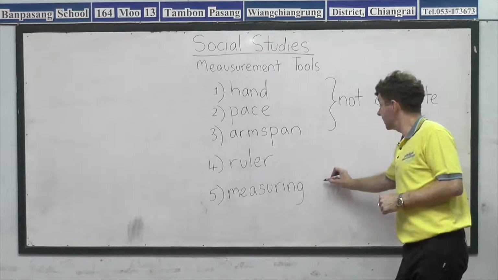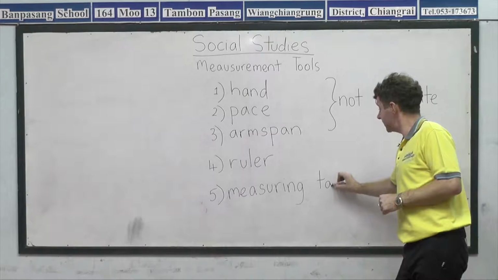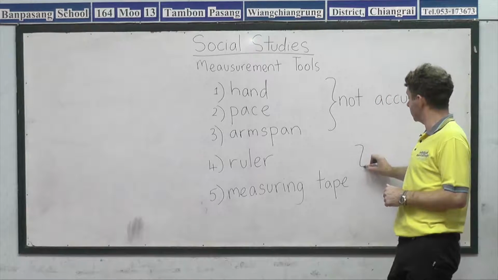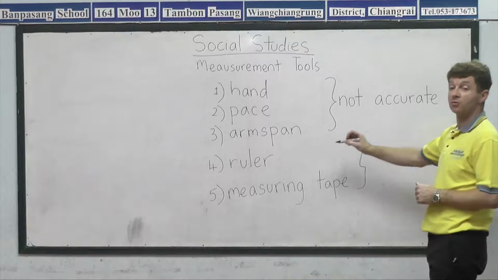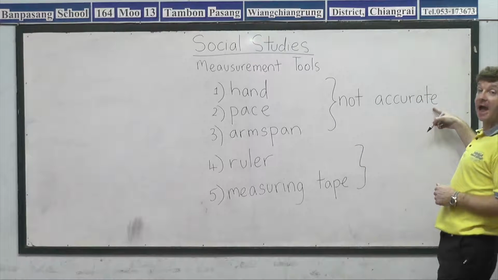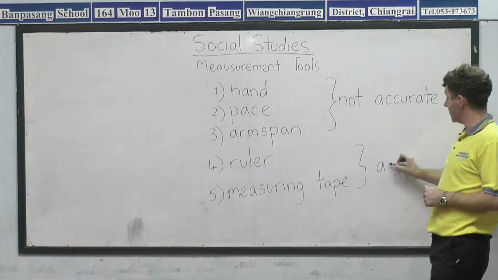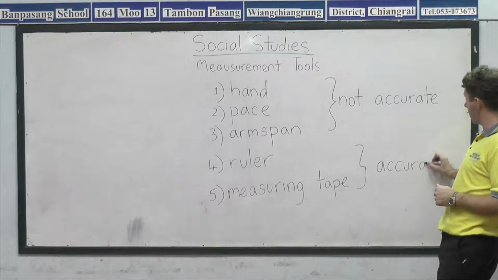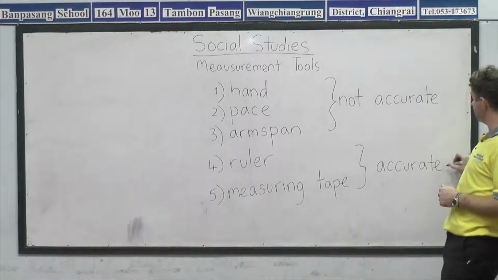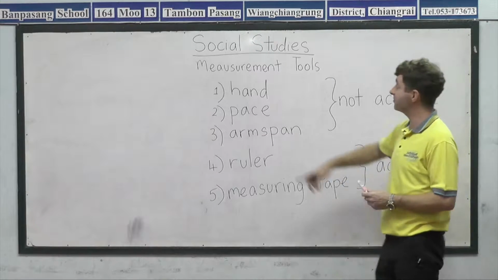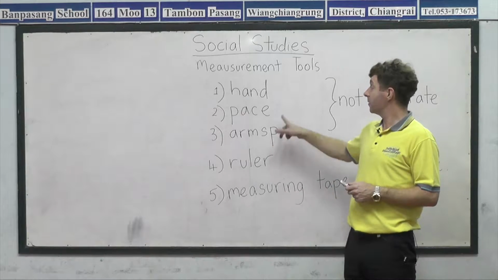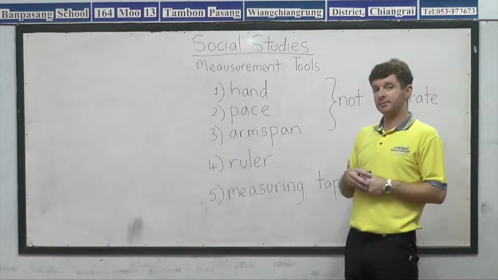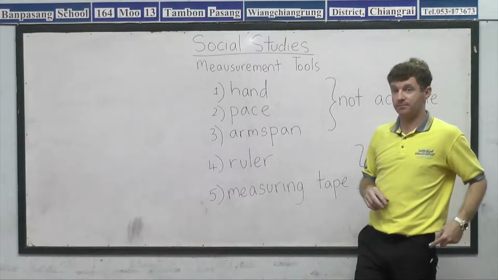Measuring. Tape. T-A-P-E. And we know that these two types of measurement tools are accurate. A-C-C-U-R-A-T-E. Okay, so we have hand, pace, arm span, ruler, and measuring tape.